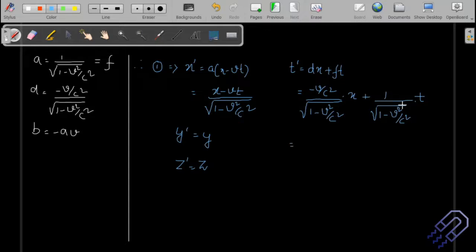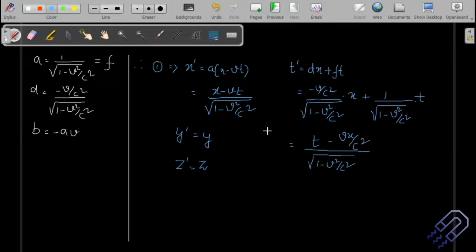So what we can do is, the numerator is the same, the denominator is the same, so I can keep it like this. This is root over of 1 minus v square by c square. Just to make it more arranged, I will bring t in front because we have minus in the second one. So t minus vx divided by c square.